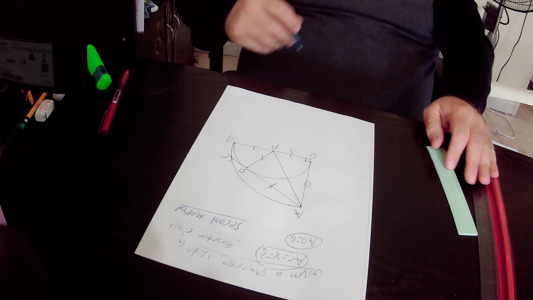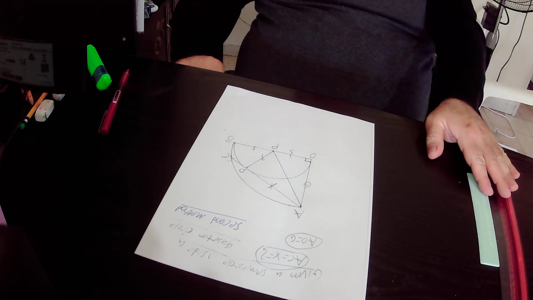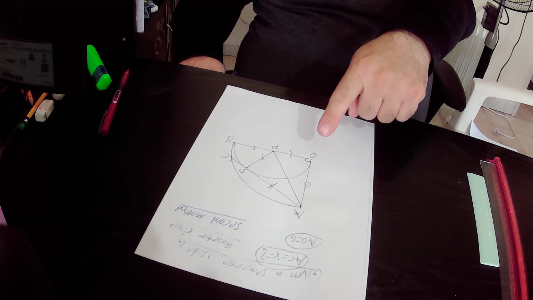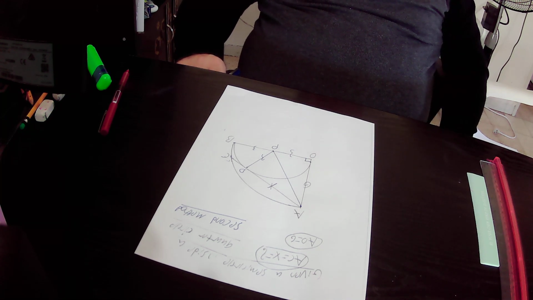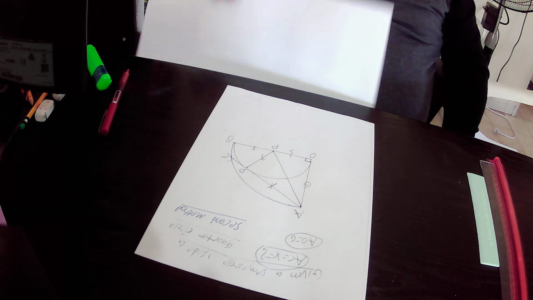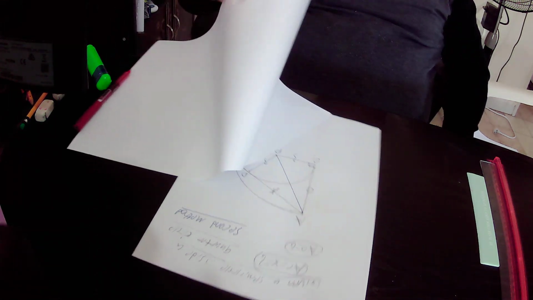Actually, in the first method, we proved that the right triangle AOP is congruent to the right triangle APD. I'll write it down.